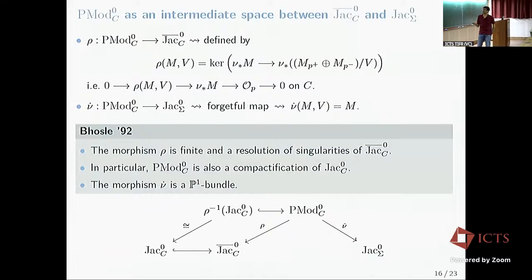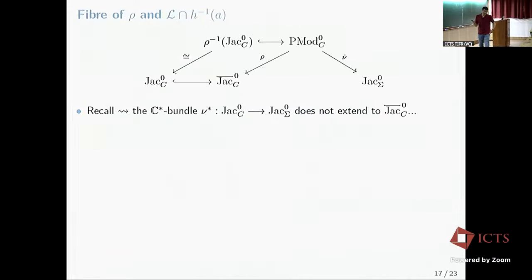So here's the picture. You have here a finite map whose restriction, when you restrict to the Jacobian, is an isomorphism. So this is a compactification of the Jacobian. And here you have a P1 bundle. Okay? So recall that our pullback map did not extend to the compactified Jacobian.